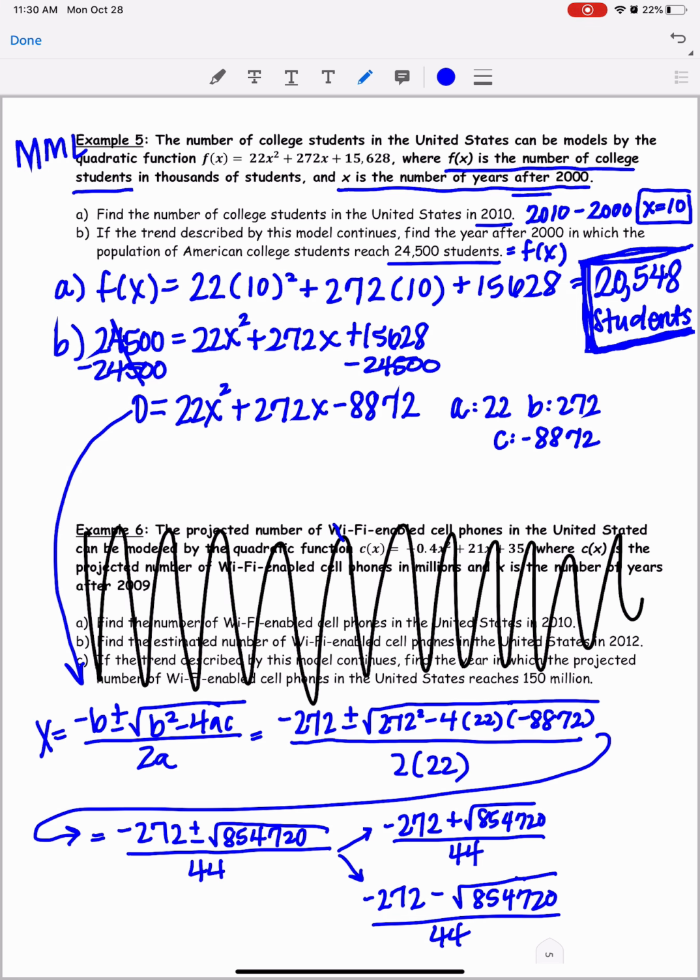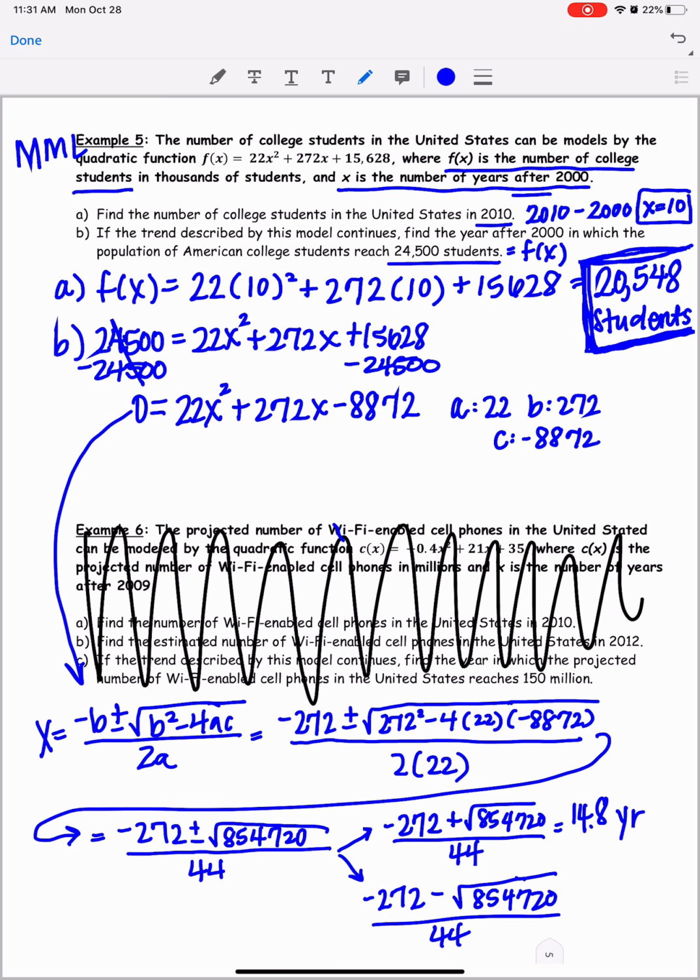So put that in your calculator. Okay, when you hit enter, you should get 652.51 and some junk. Keep that in your calculator, and then just hit divide by 44. And we're going to get 14.8, and x is talking about years.